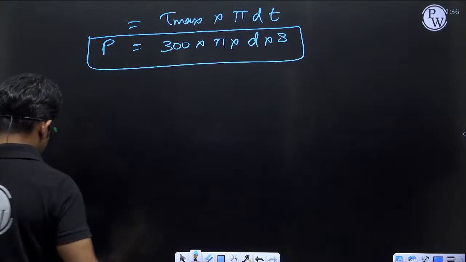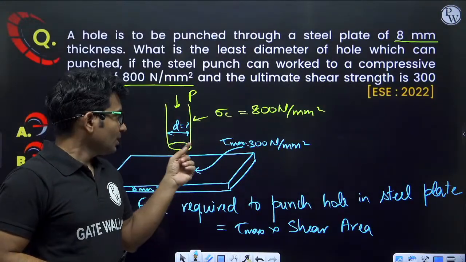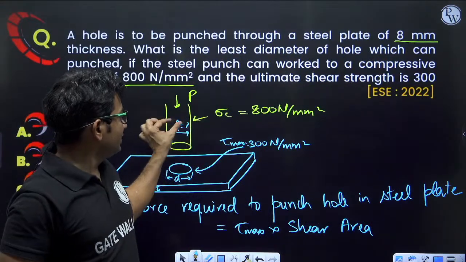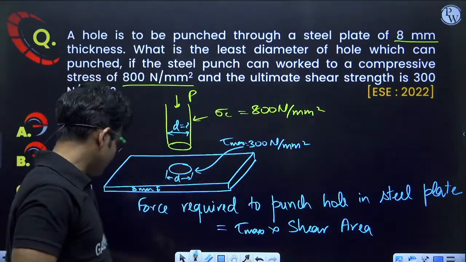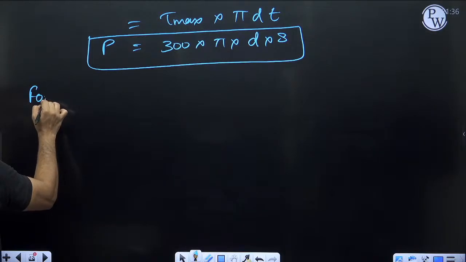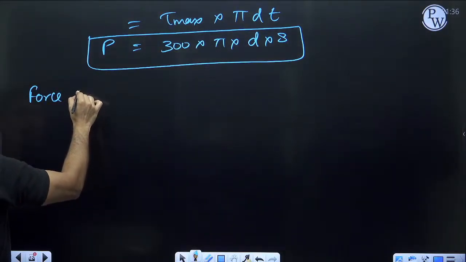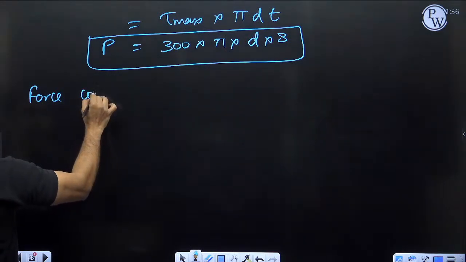Now, corresponding to this P force, the maximum compressive stress in the punch should be 800 Newton per mm square.